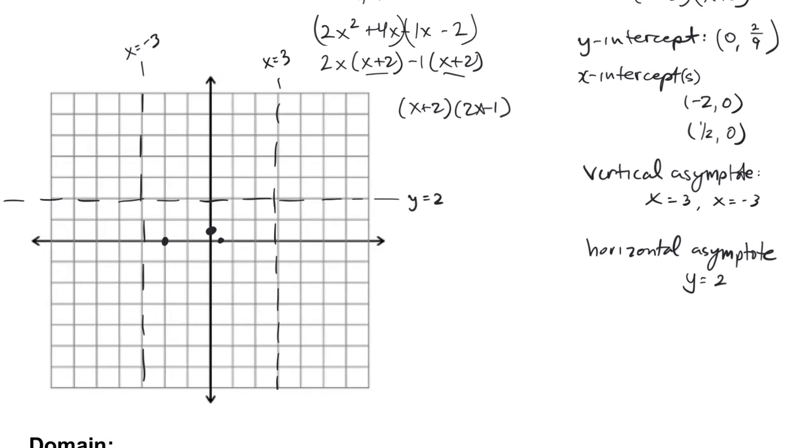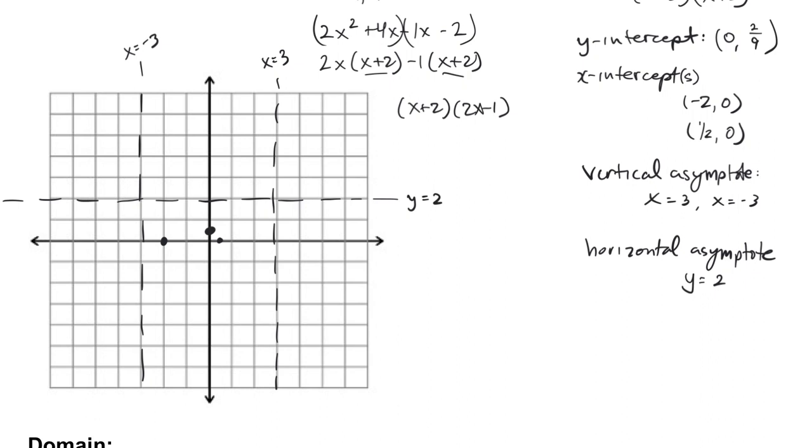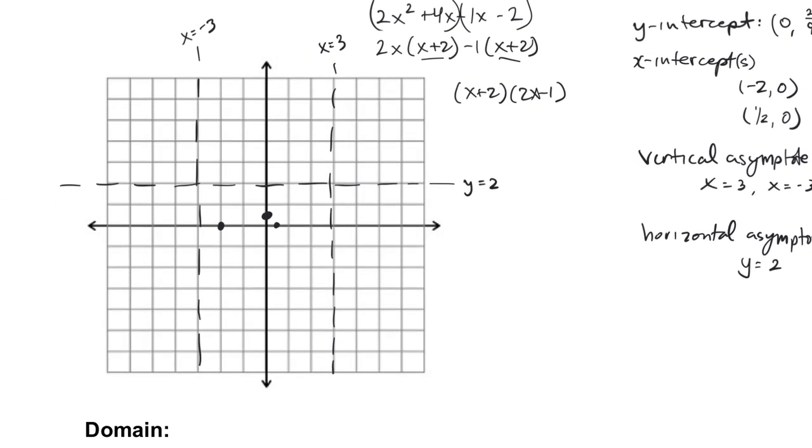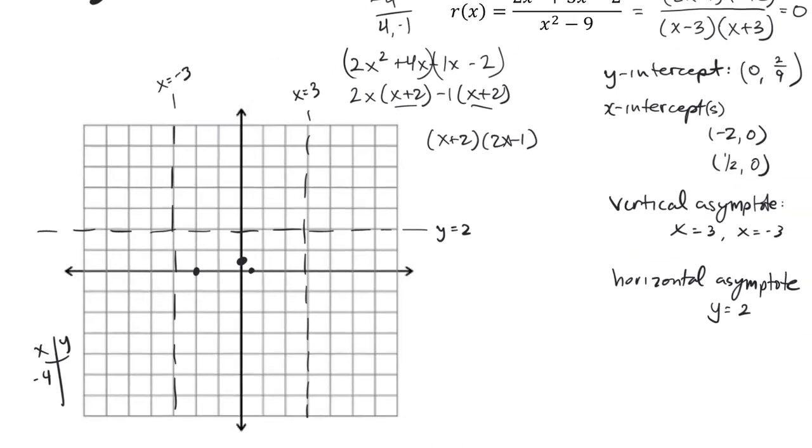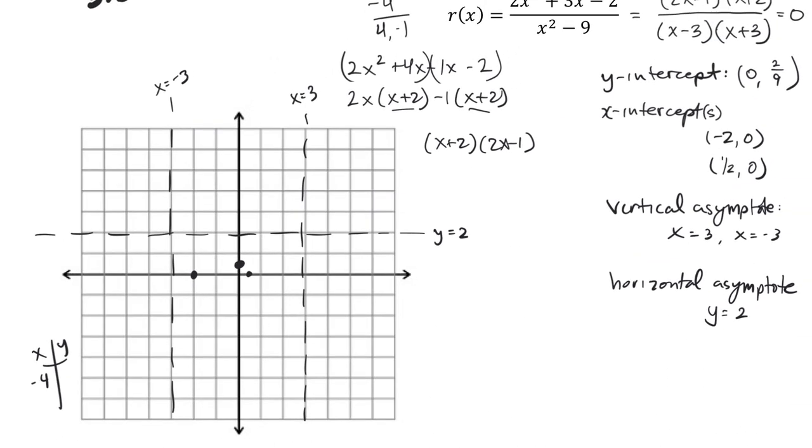So I'm going to do a table of values for over here. So this is where x equals negative 3. Let's see what happens when x equals negative 4. If you plug in negative 4 for all the x variables, you're going to get positive 18/7.